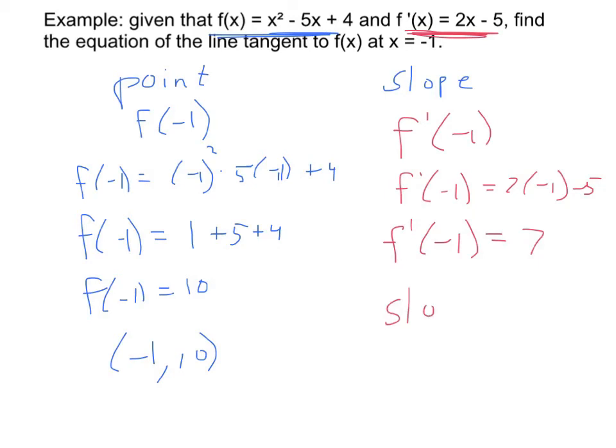So that means the slope of the tangent at x equals negative 1 is 7. By the way, I'm almost always going to reference the slope of the tangent at a value, because this function has tons of tangents, and the one I want is this one.